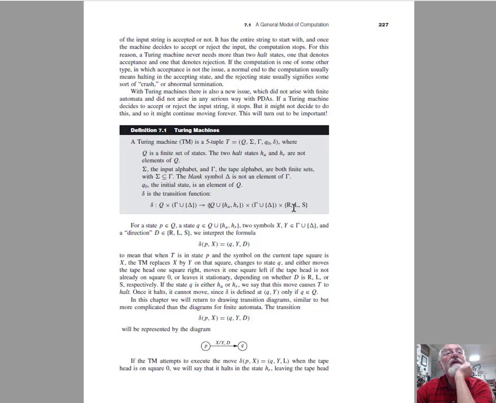We can go to a state from Q, or the accept state or the reject state, one or the other, and then we can decide what we write with gamma union delta, and we're going to look at what that means in a second. And then we can say to move right, left, or stay.